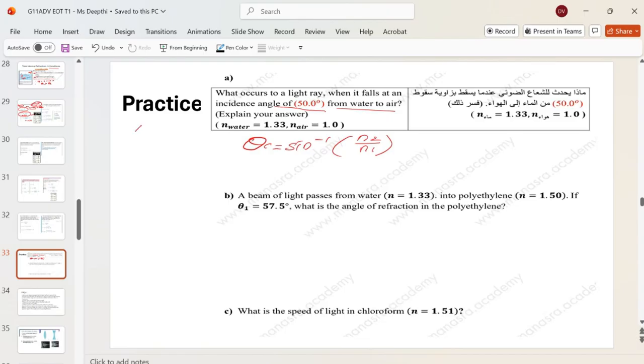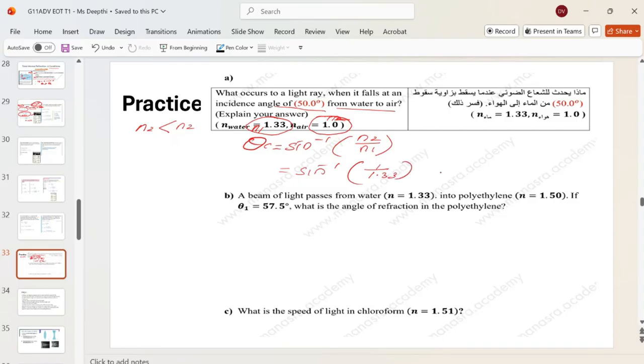The n2 should be smaller, or n1 should always be bigger than n2. Okay, so here you can see n air is 1 and n water is 1.33. So take the bigger one as n1. That means the water is n1 and the air is n2. This is how you have to make sure that you're taking the correct values. Bigger is n1 always. Okay, so now you can plug it in: sine inverse 1 by 1.33.